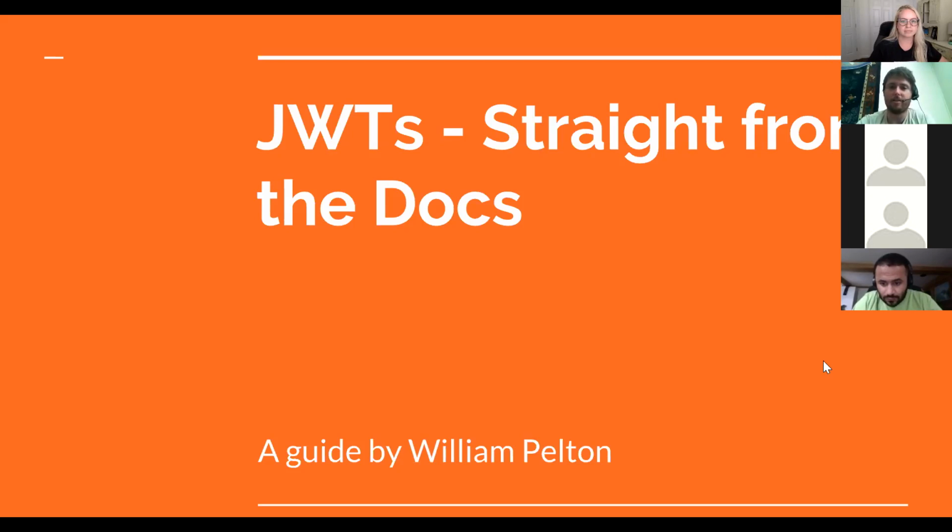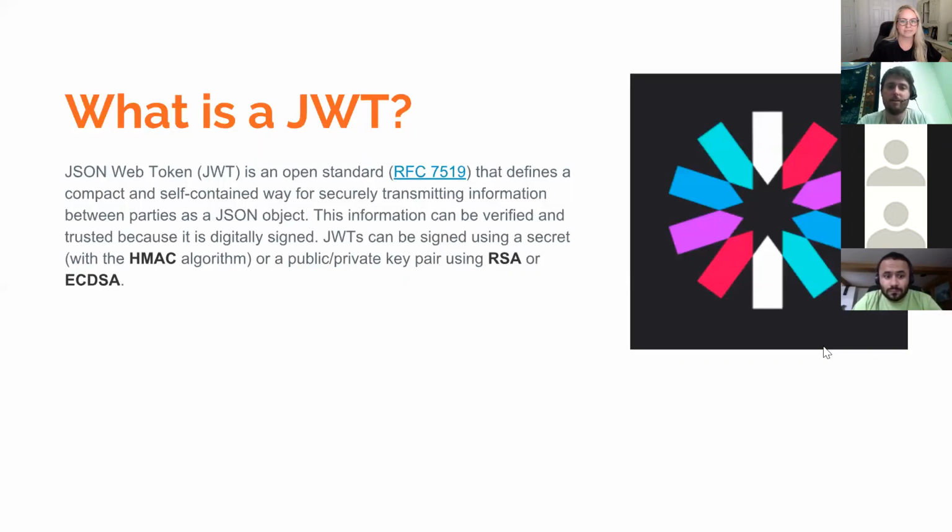First thing is, what is a JWT? Or you'll hear people pronounce it JWT, which I can't figure out if I want to do that or not. But a JWT is a JSON Web Token. So it's an open standard. RFC 7519, you'll see that next to specific standards, and you can actually look up the documentation written by the creators.